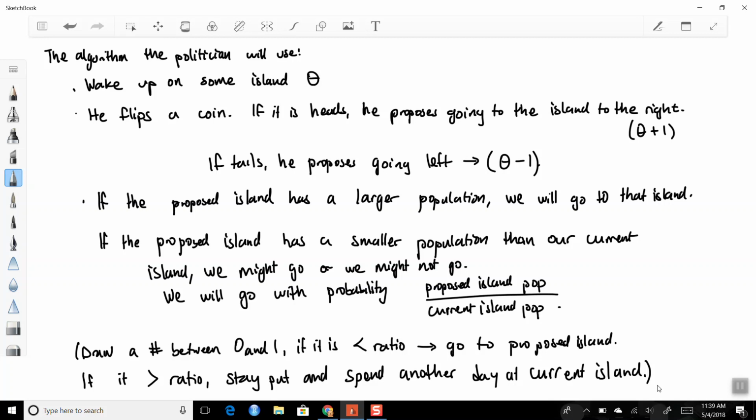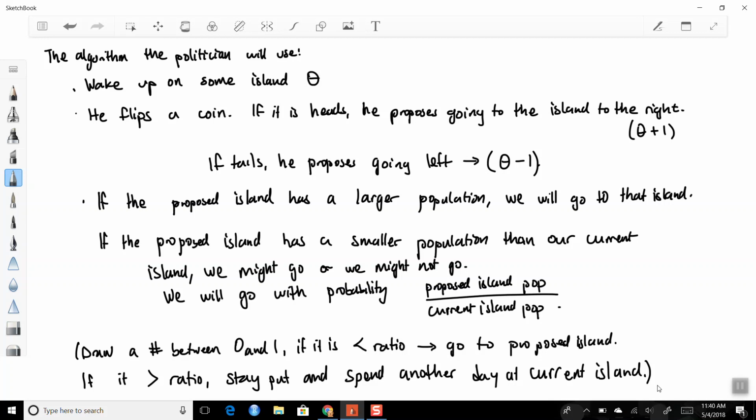And then we say, well, island 3 is a smaller island than this one, so maybe I don't want to go. Okay, and we say, all right, well then let's draw a random number between 0 and 1, and we'll compare it to this ratio of island 3 has a population of 3 million and island 4 has a population of 4 million. So we'll go to island 3 with a probability of 75%, and if not, we'll stay put with a probability of 25%. Okay, and that's if we flip tails. Does that kind of make sense?